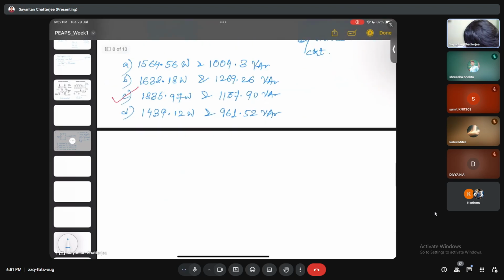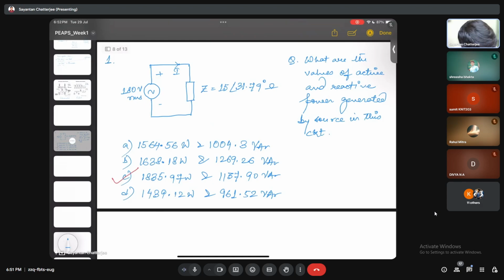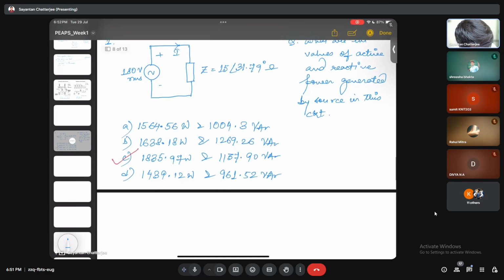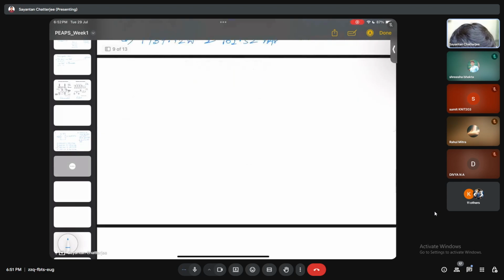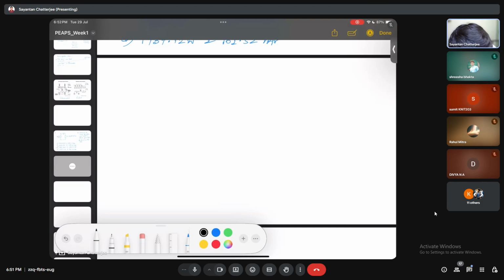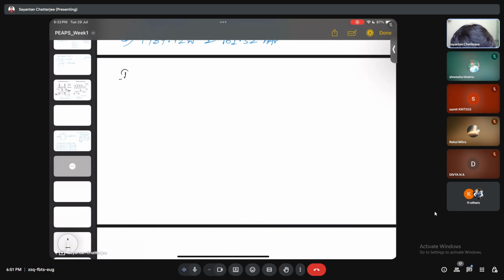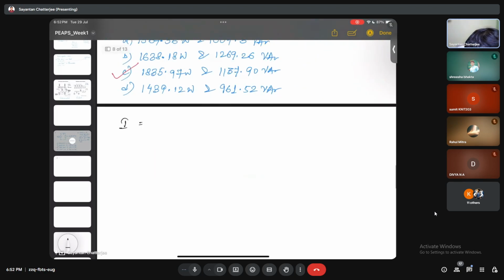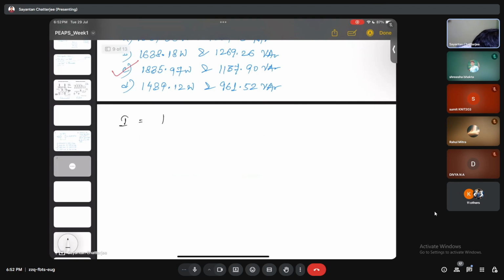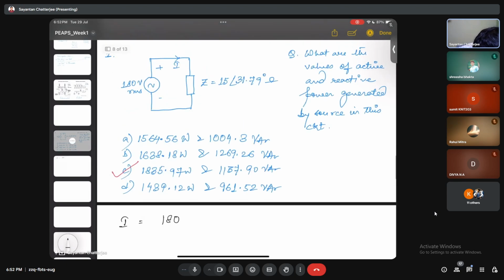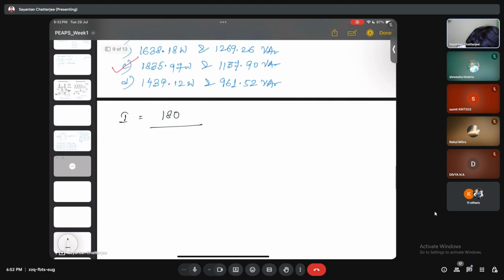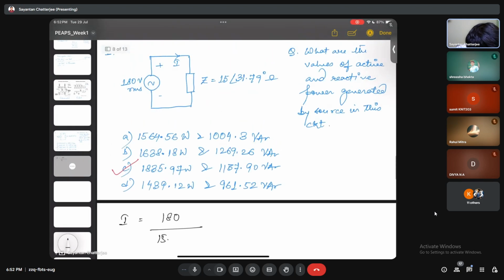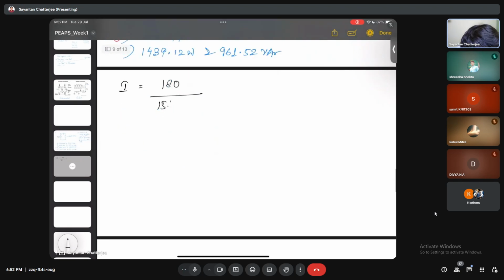Here we have a source of 180 volt RMS, and this is the impedance that is given. So first we can calculate the current. What will be the current? Current will be 31.7.